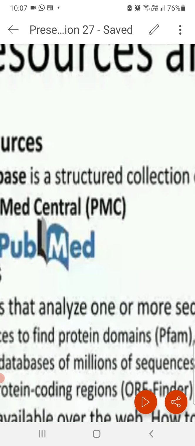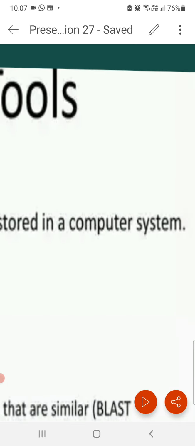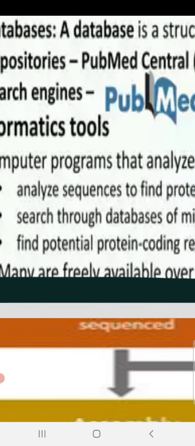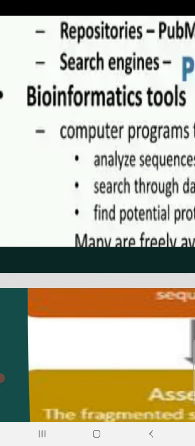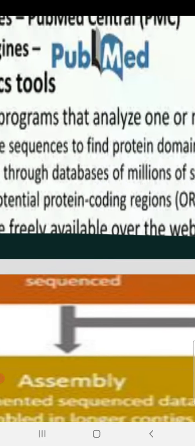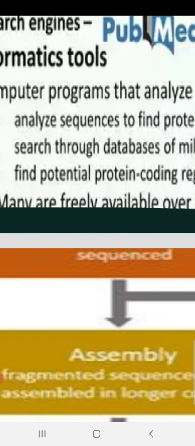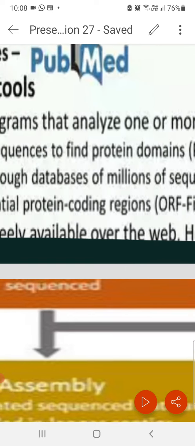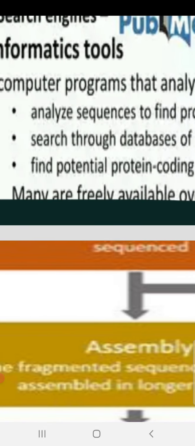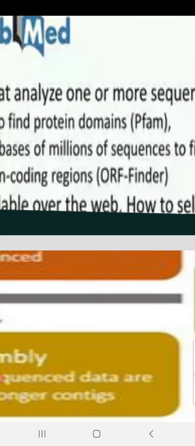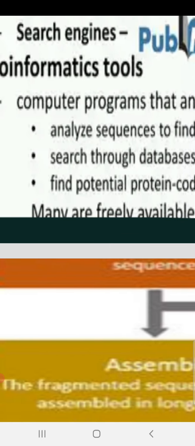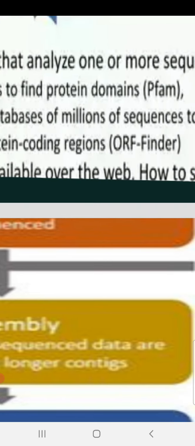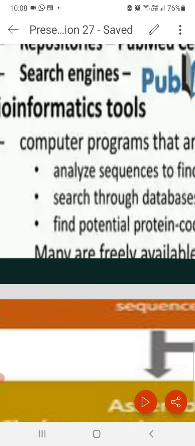A database is a structured collection of records stored in a computer system, and repositories, that is PubMed Central, and search engines, and the bioinformatic tools, that is, computer programs that analyze one or more sequences to find the protein domains, which can be abbreviated as Pfam, and search through the database of millions of sequences of DNA as well as millions of sequences of proteins, so that they can find the potential protein coding regions, and the non-coding regions can also be identified and separated.